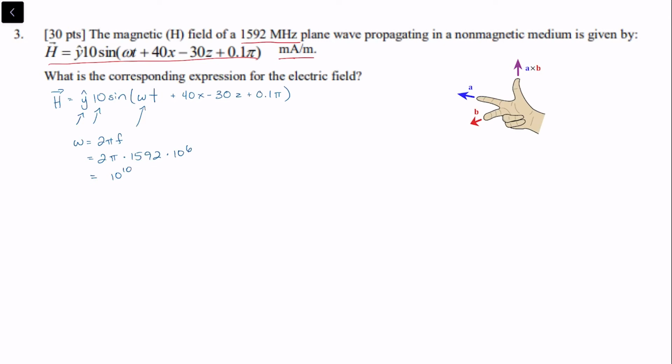What else do we have? We have k. So we can derive a k vector from what we're given. Now remember, the k vector values are always the opposite sign. That's negative 40x hat plus 30 z hat. Why is that?